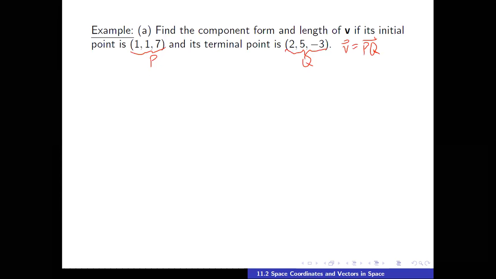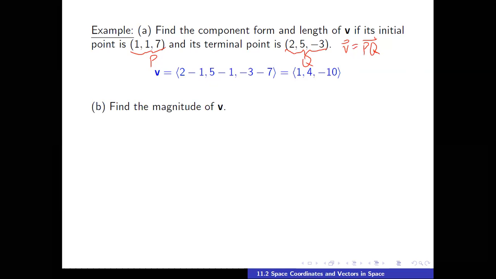Well, what we have to do is subtract coordinate-wise in the appropriate order, the stuff from Q minus the stuff from P. Okay, so it's going to be 2 minus 1 in the first coordinate, 5 minus 1 in the second coordinate, minus 3 minus 7 in the third coordinate. And we get 1, 4, minus 10, as the component form of that directed line segment.